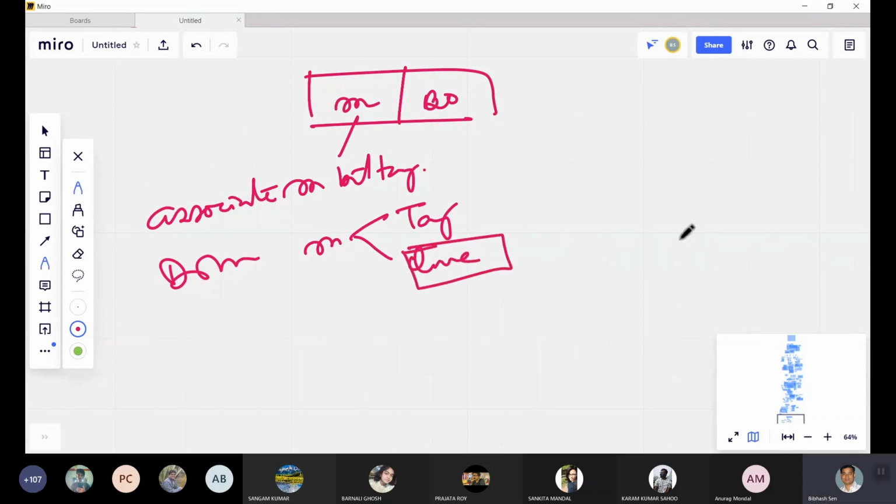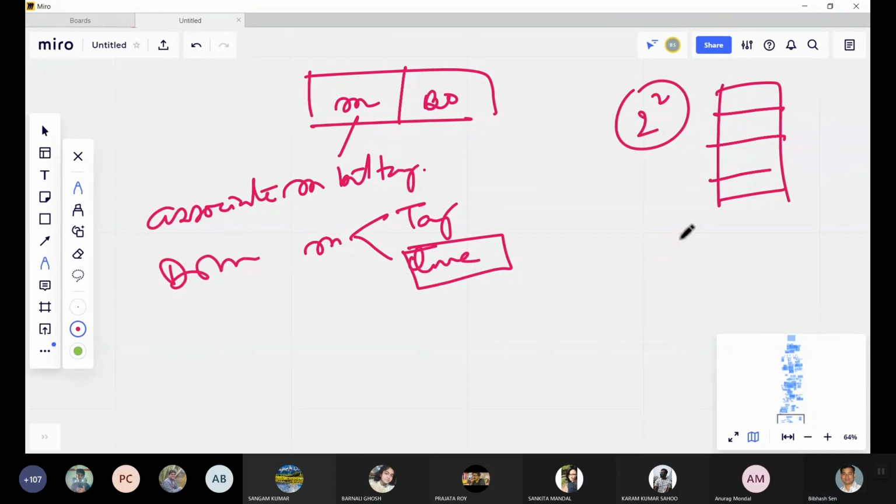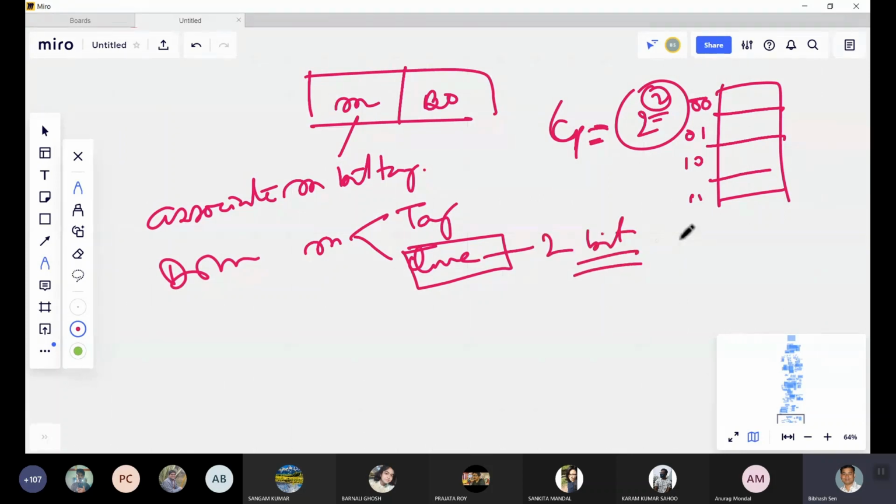And if for a particular cache there are 4 lines, 4 lines can be chosen using 2 bits. Any 2 bits: 00, 01, 10, 11. Because 4 lines are there, 2 to the power 2 bits, so 2 bits are sufficient for the line number detection. Rest of the bits are tag.